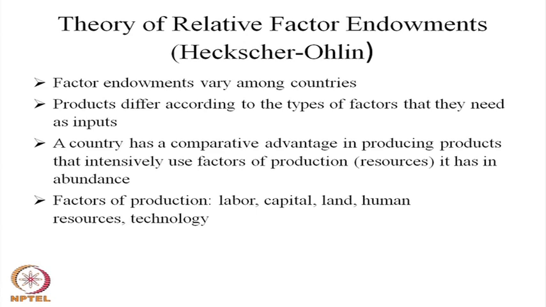The technology and the risk capital decide the nature of the production process, and a labor intensive country may export capital intensive products. A capital intensive country may import capital intensive goods also, because factor endowment alone does not decide the nature of production or international trade. There are many other factors which decide the pattern of international trade.